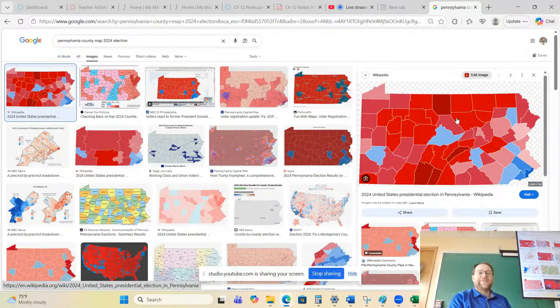But the interesting thing I'll point out here, what's up here? Erie. Do you notice how it's a very light shade of red? And Erie has a decent amount of people up there. Erie is also known for the population of LGBTQ communities.